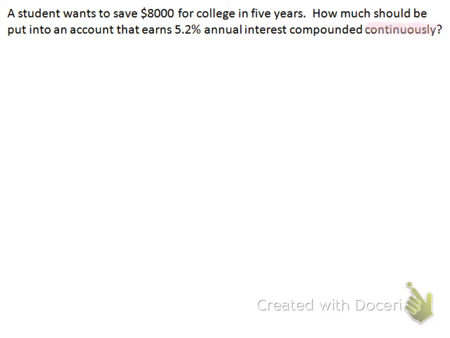And I see here my magic word, continuously. So, between my options, I am going to use the A equals PERT, right? A of T, my ending amount, is going to be my principal times e to the rt.